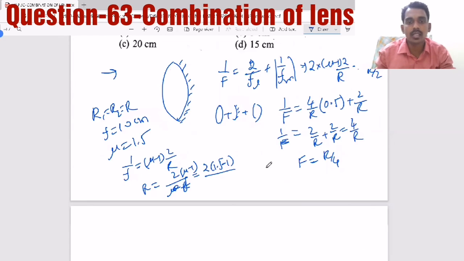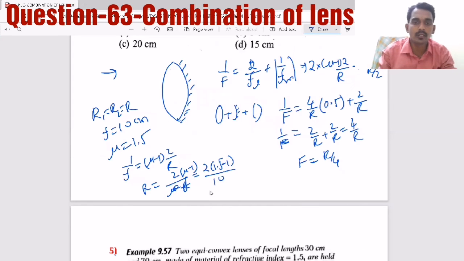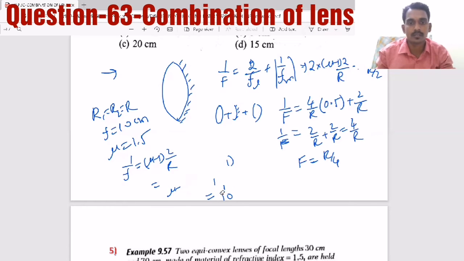The focal length of the lens is 10. So you substitute 10. So radius is now 0.5 into 2, 1 into 10. Okay, sorry, a small mistake.